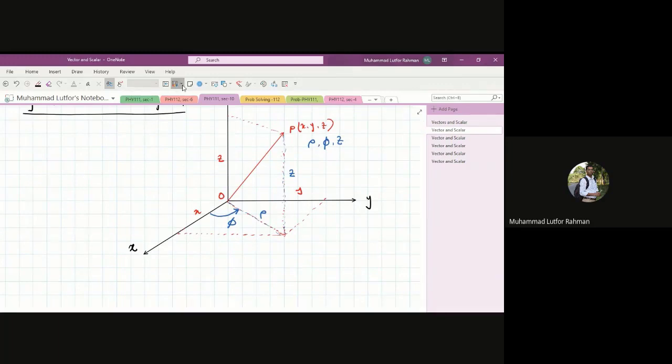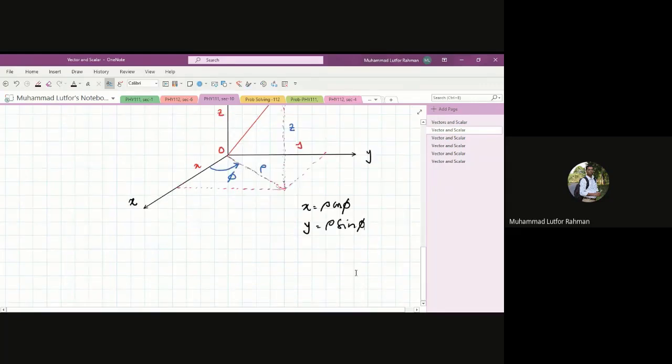Basically, I can write down the x component. First, x would be rho cos phi, right? This phi is creating an angle with the x-axis. Then y would be rho sin phi, and z would be the z in the cylindrical coordinate system.